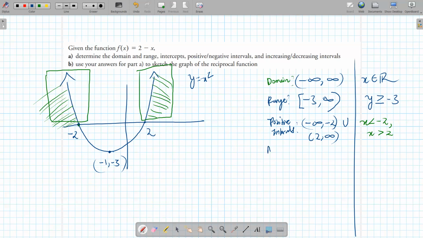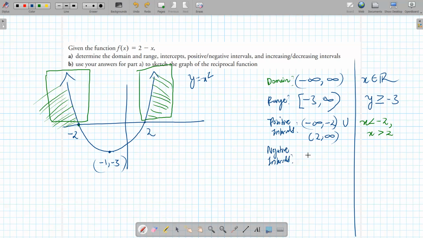What about the negative interval where the function is below the x-axis? Where's that? It's right here. You see here? Between which two x values is the function below the x-axis? -2 and 2.